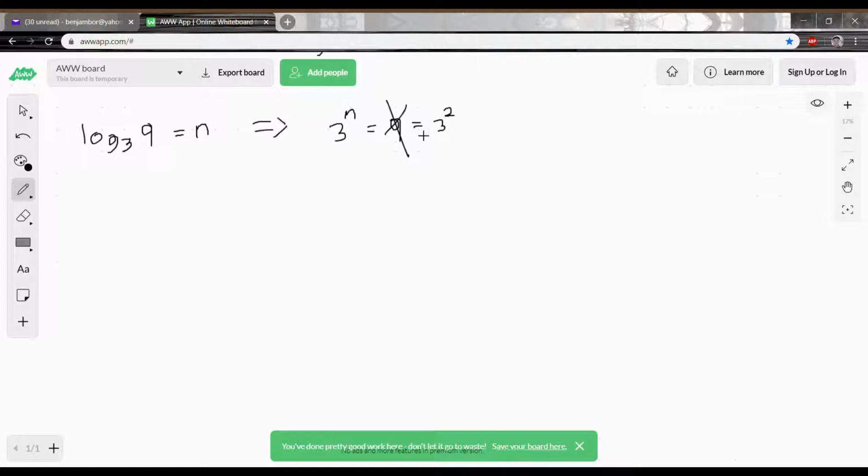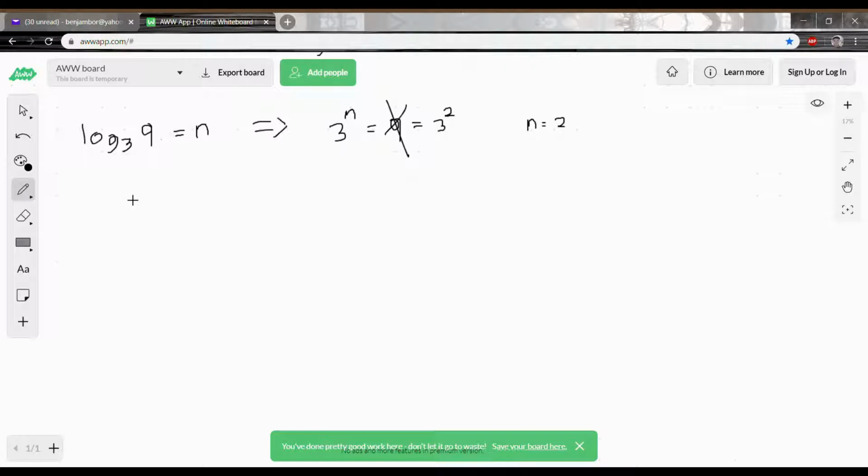And once we have similar bases, we can set the exponents equal to each other. So we would just write a new equation that n, the exponent on one side, is going to equal the exponent on the other side. So we can see that n is equal to 2, which means that when we raise 3 to the 2 power, it gets us 9.